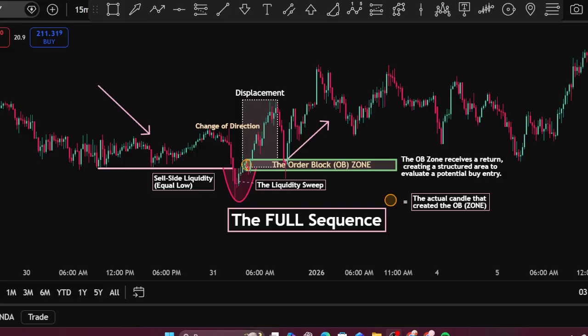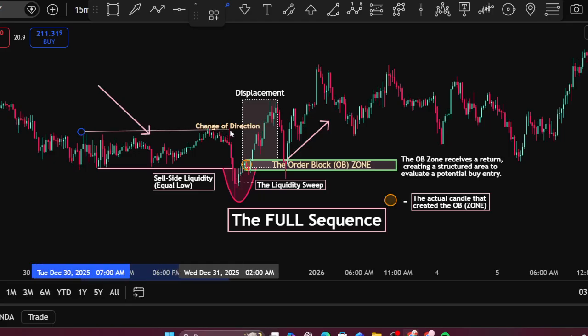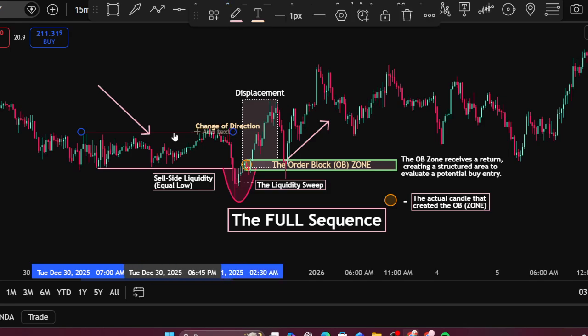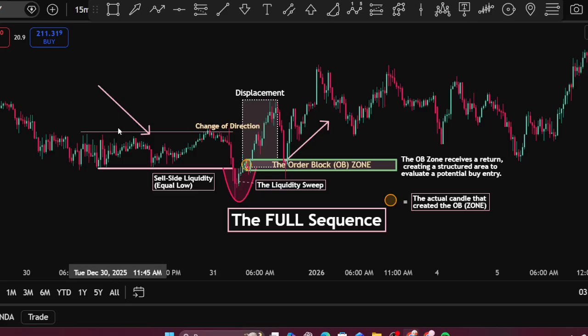All right. So this sequence is what we call the internal reversal framework. This is the sequence and how it looks. Remember the line that was up here. I'm not going to keep this, but I just want to make sure you see it. This was our buy side liquidity. The reason I do not have this here right now is that the market has decided to take the sell side liquidity.